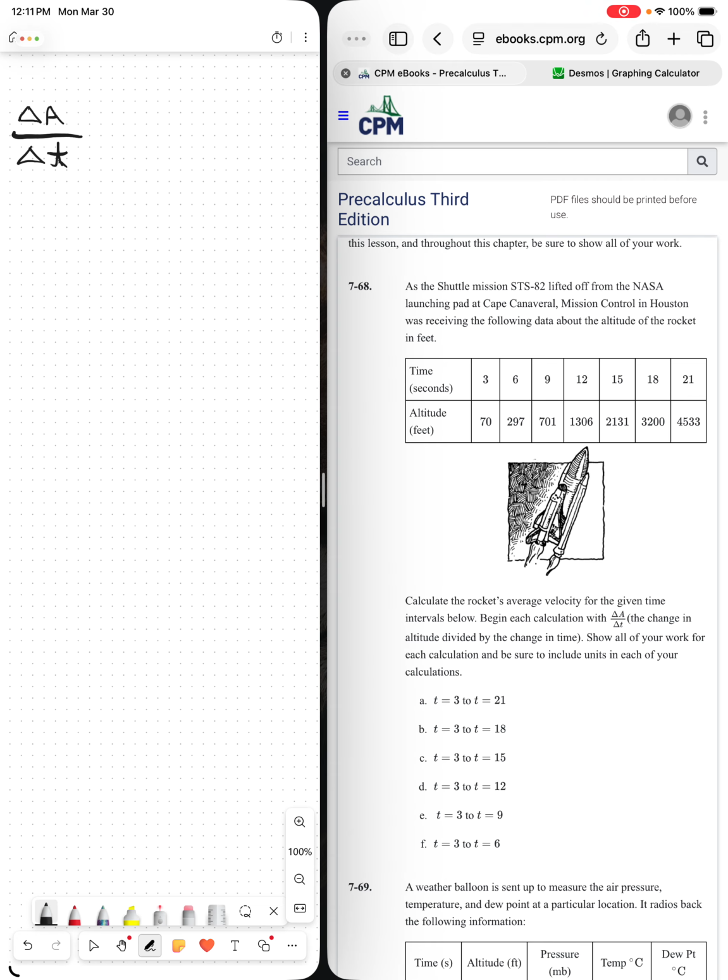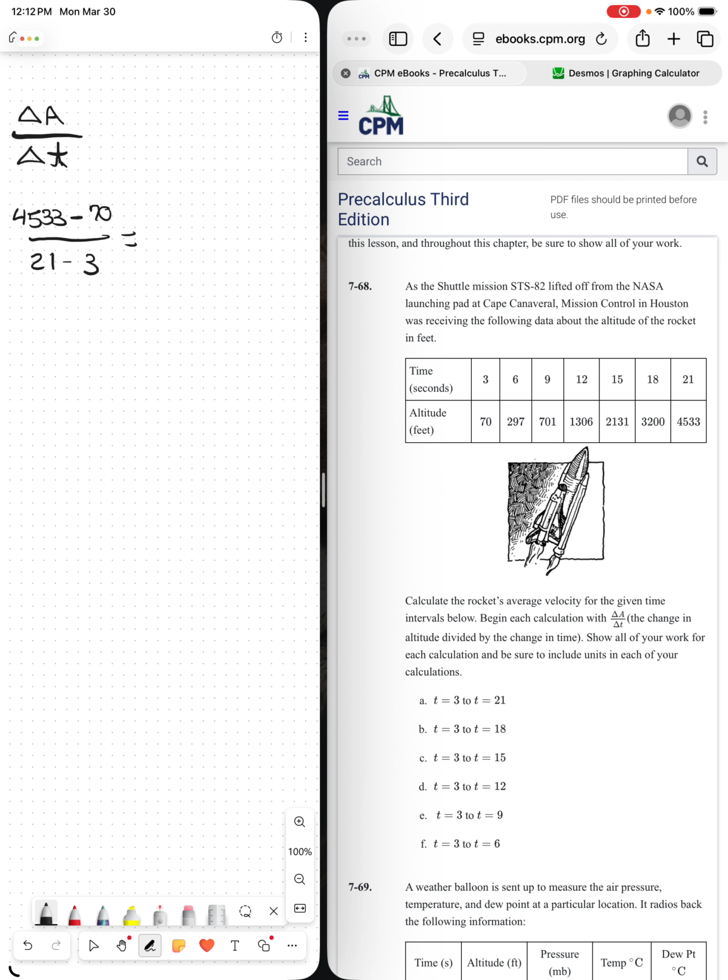So we got from 3 to 21. So we're gonna do 21 minus 3, that's our times. And then if we go look at our data, our altitude here is 4533 minus then our altitude at 3 seconds is 70.